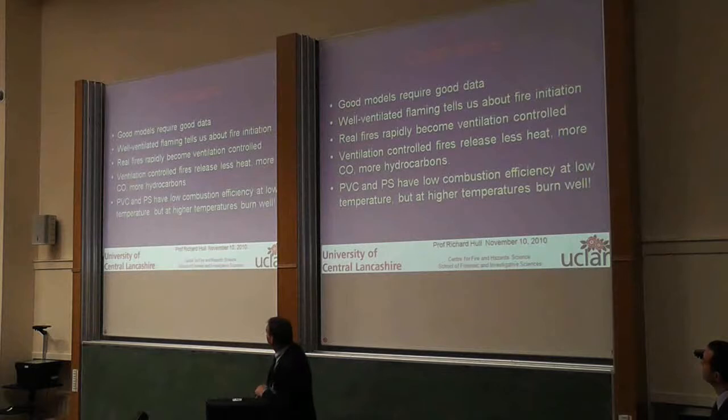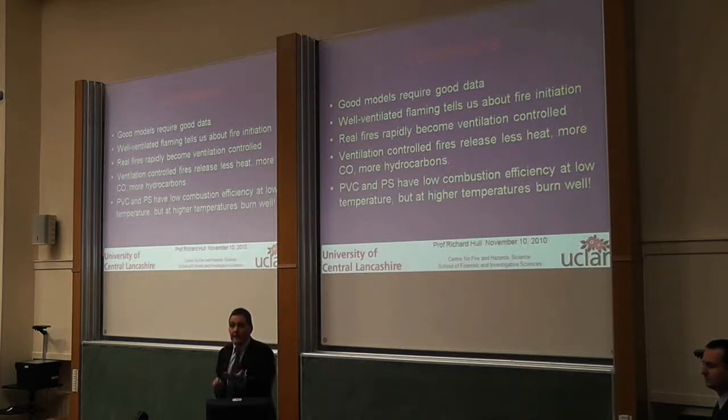So, good models require good data. Well-ventilated flaming tells us about fire initiation, but doesn't tell us about fires when they actually come to the point of being threatening, and the reason that we're here is to try and stop under-ventilated developed fires that are occurring. Ventilation controls fires.